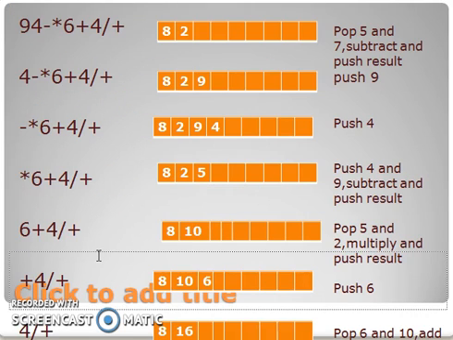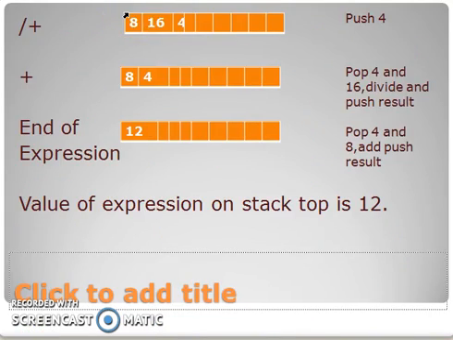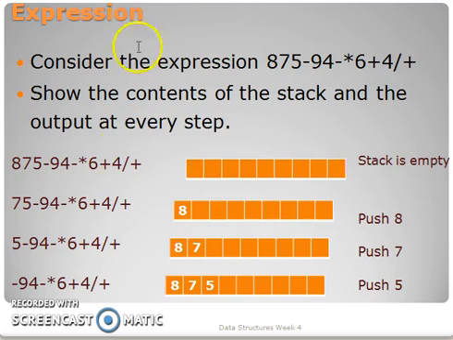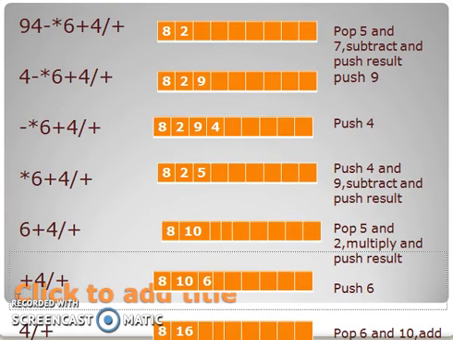Next we found minus. Once the operator is there, we need to pop out, so we pop 5 and 7 and subtract, and the result is put onto the stack. Next we push 9, then push 4.